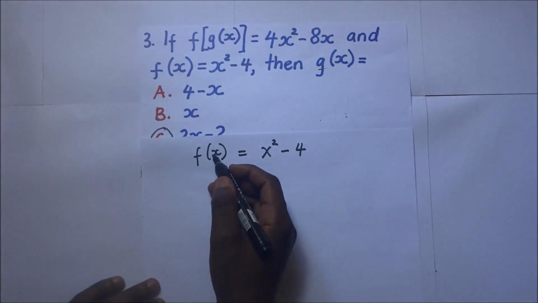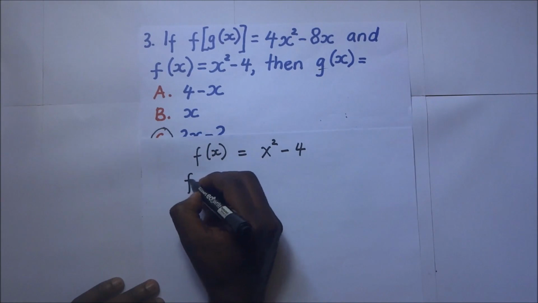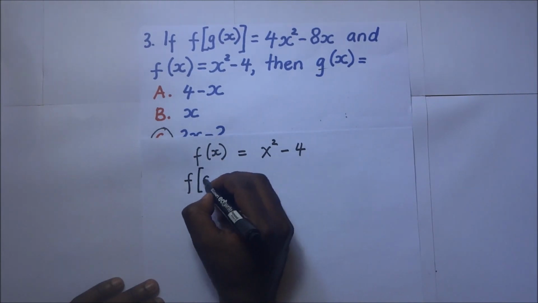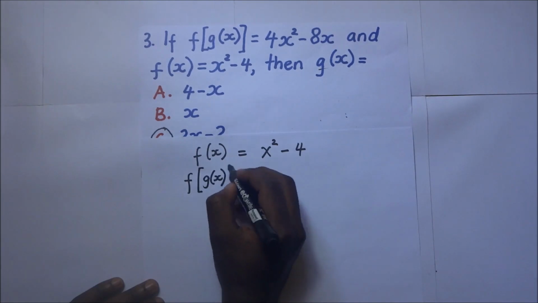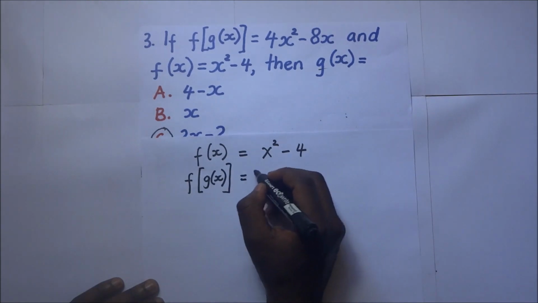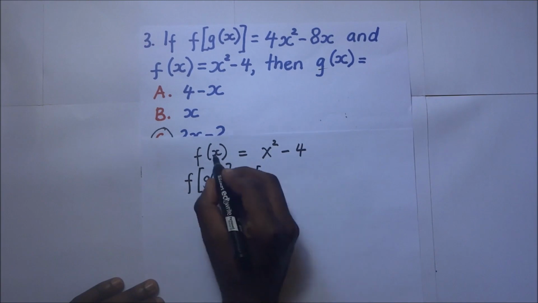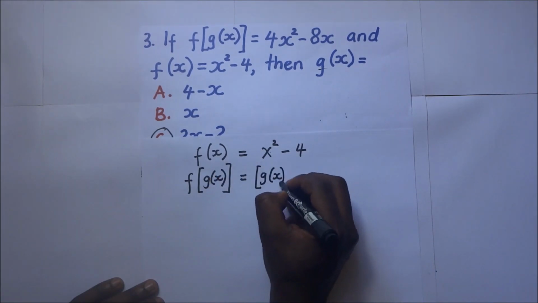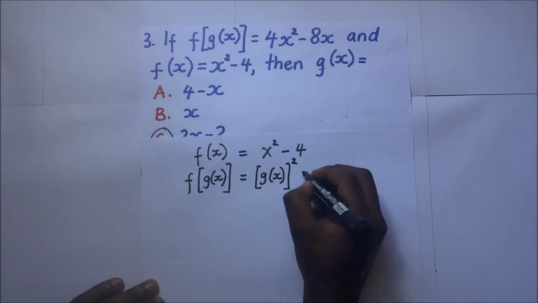So if we put the function f in brackets where the input has become g of x, wherever there is x is where you put g of x. So it becomes g of x, this is squared, minus 4.